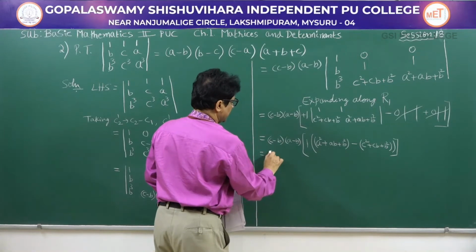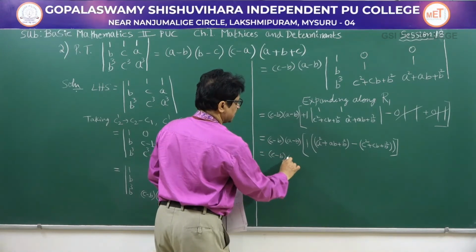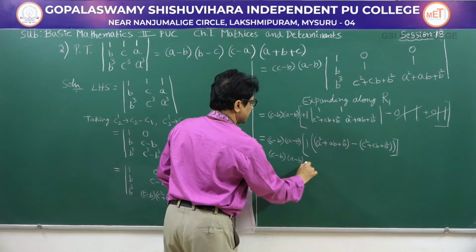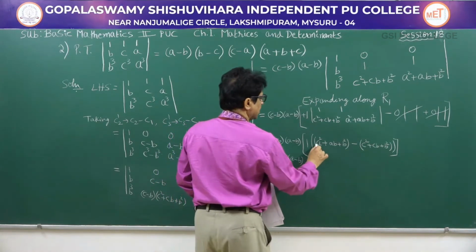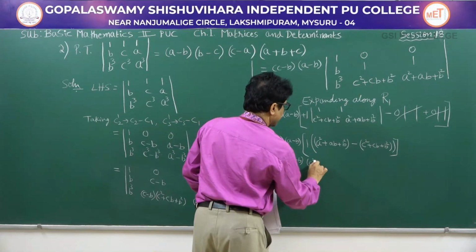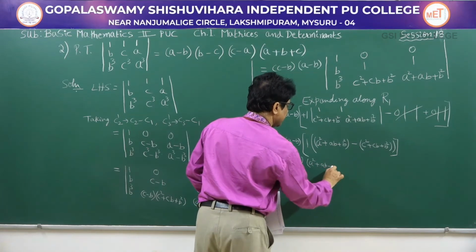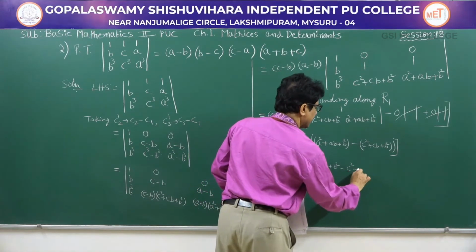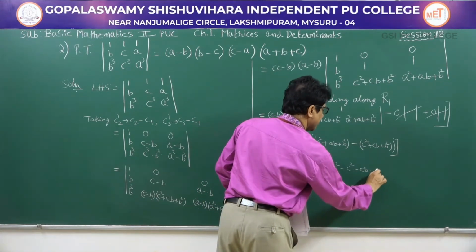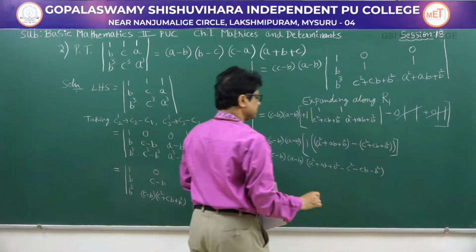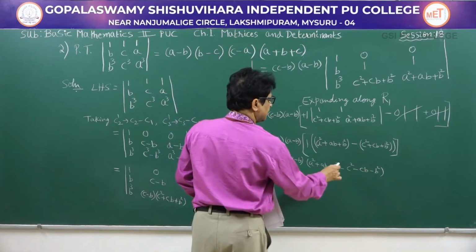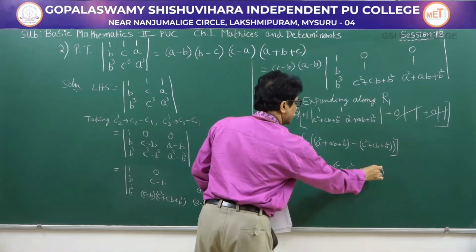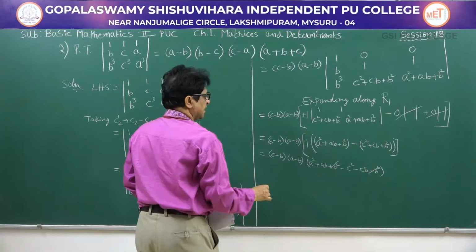So this will be equal to c minus b into a minus b into a square plus ab plus b square minus c square minus cb minus b square. Here plus b square minus b square will get cancelled.